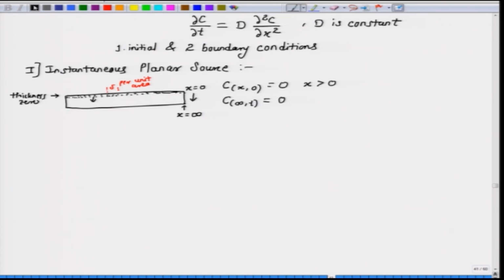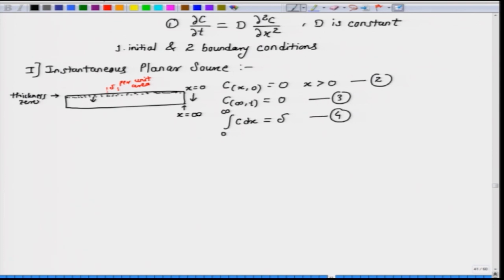At any given time the total quantity, if we look through the entire thickness of A, should remain constant equal to delta, right. So, if we integrate C dx from 0 to infinity, that should be equal to delta, right. So, we have equation 1 based on the initial condition 2 and the boundary conditions 3 and 4.